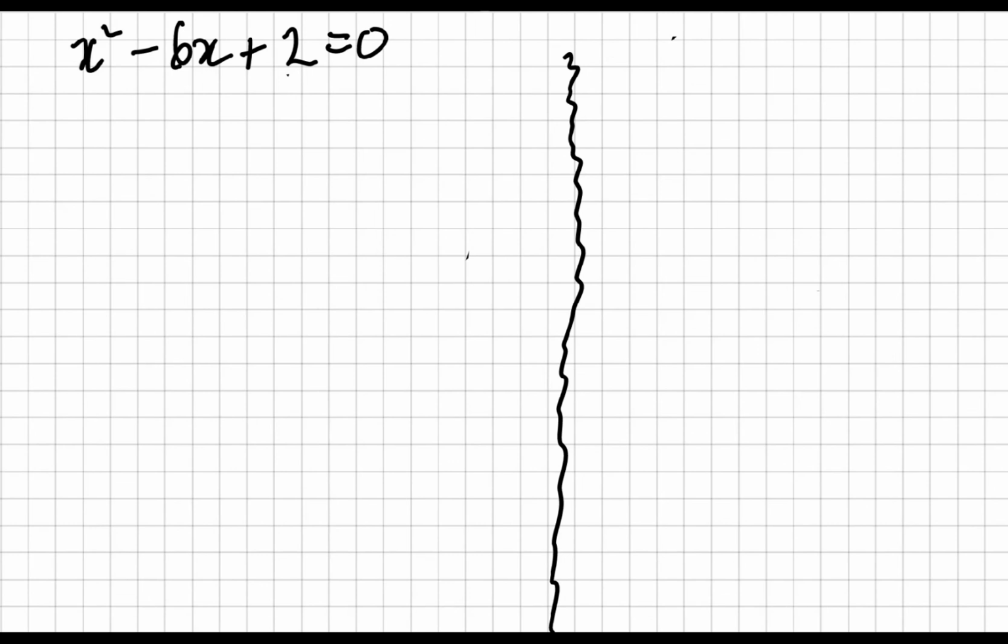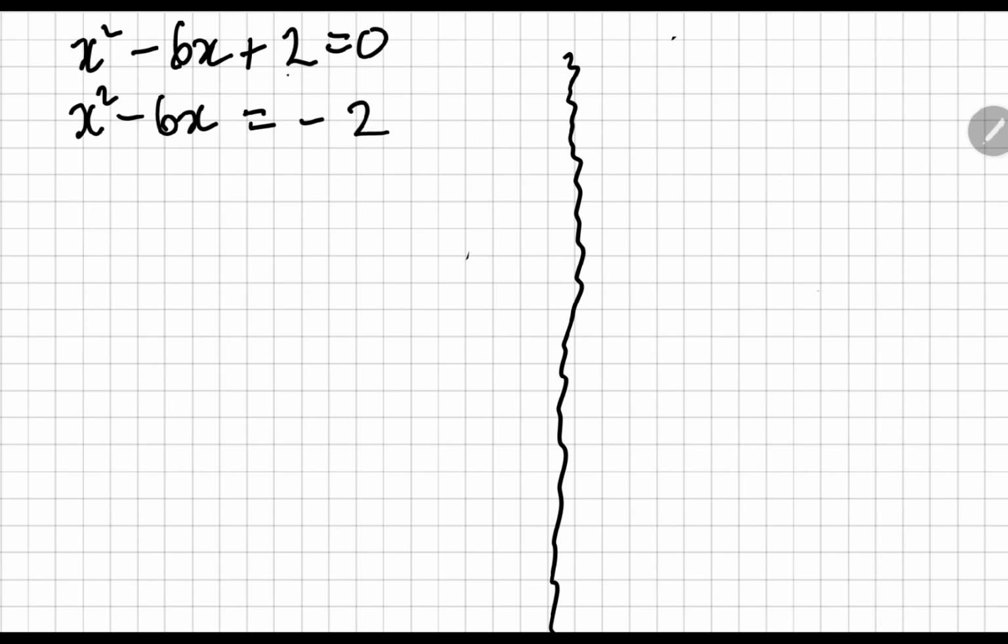In the case of x squared minus 6x plus 2 equals 0, the coefficient of x squared is already 1. So I'm going to proceed to complete the square. First, I'll start by moving the 2 so that it becomes a negative 2 on the right hand side.